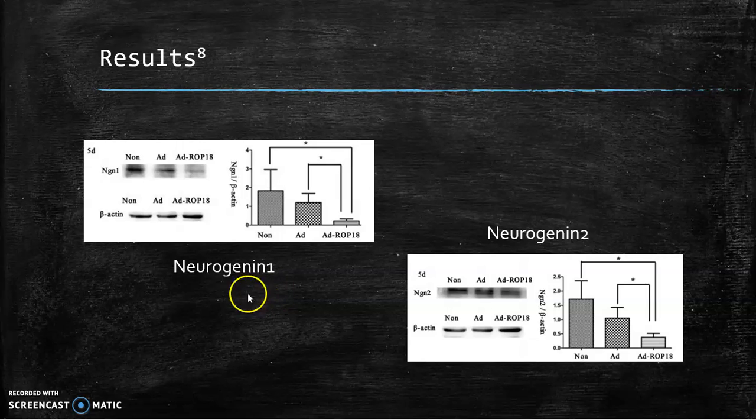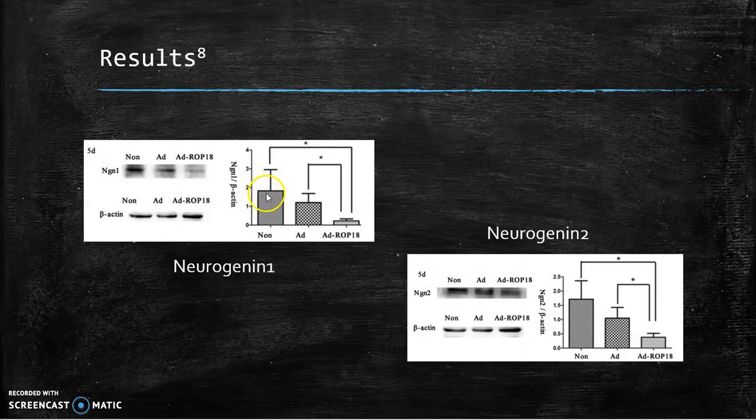So going even further, the neural stem cells actually transcribe these neurogenins, and these help to transcribe other factors that cause neural differentiation. So you can see here when they infected, this is the same kind of style, the non-infected, the blank vector, and the protein vector. So you can see in the non-infected, there was a significant amount of the neurogenin.